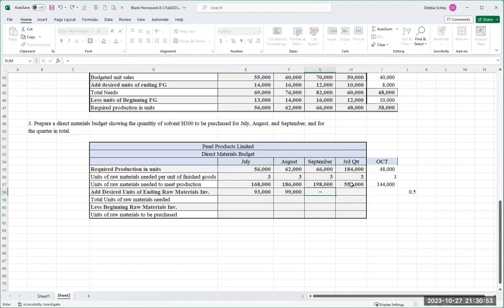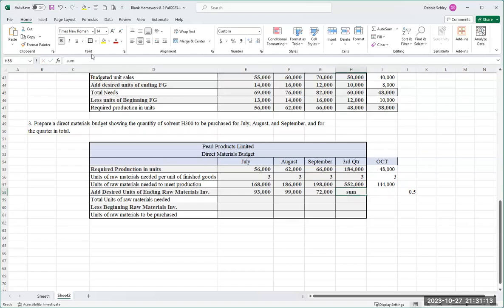And this is why we had to figure out October. Don't accidentally choose this one, that would make the wrong answer. It's October over here times 0.5. Okay, now I can add those across.